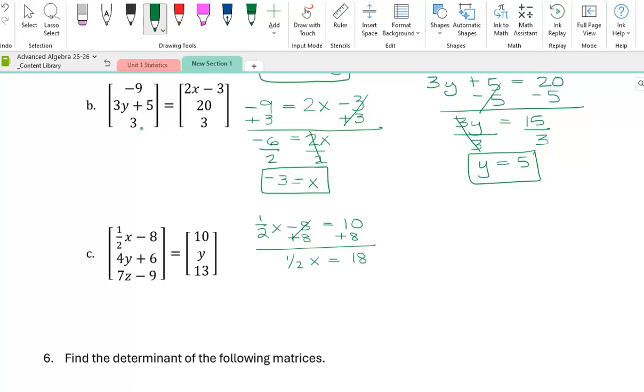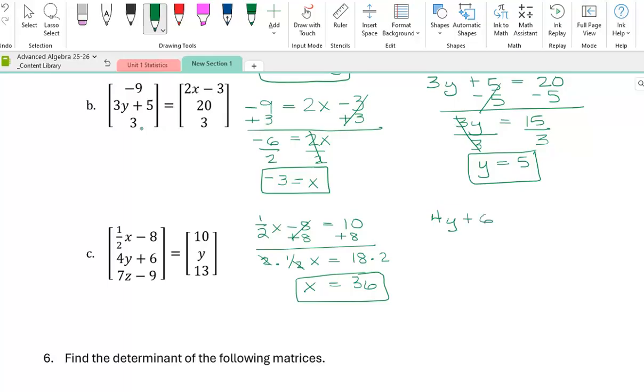To get rid of this fraction, I'm going to go ahead and multiply both sides by 2 because this goes away and I'm left with x equals, and 18 times 2 is 36. Okay? All right, let's try the next one.